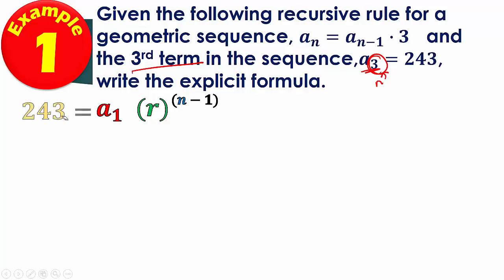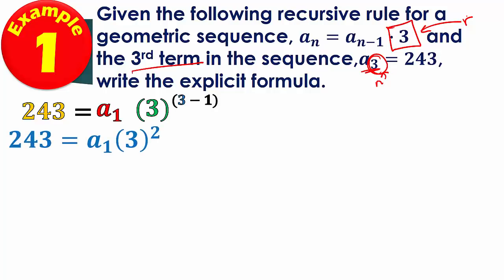So we make that 243 equals, the first term we don't know. What we do know is that the common ratio is right here. So this is r, so we're going to put in 3 there. And then n, again, we said is 3, so that's going to be 3 minus 1, which of course is 2.